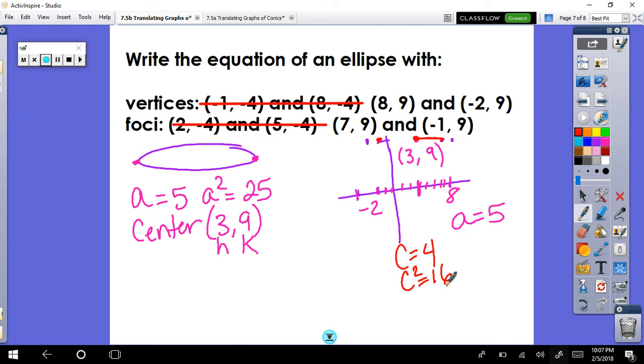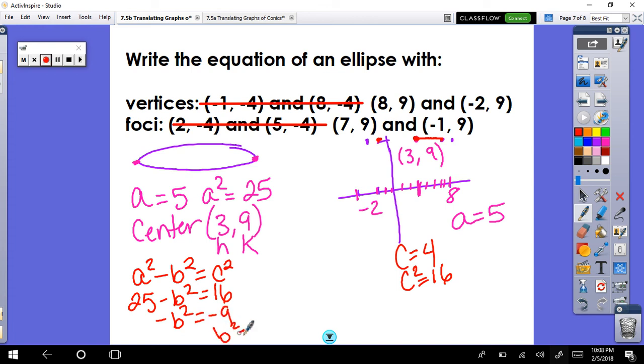So I can use A squared and C squared to find my B squared. So it's an ellipse. So it's A squared minus B squared equals C squared. I know A squared is 25 and C squared is 16. So I'm going to subtract 25 on both sides. I'm going to get negative 9, or B squared equals 9.